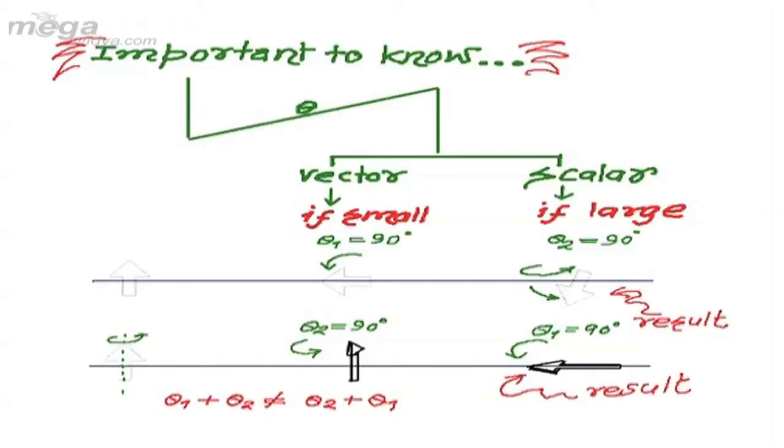So if angular displacement is small, then it can be treated as a vector quantity. That's why I have called this quantity vector or scalar. This quantity has both types of properties for different value ranges.